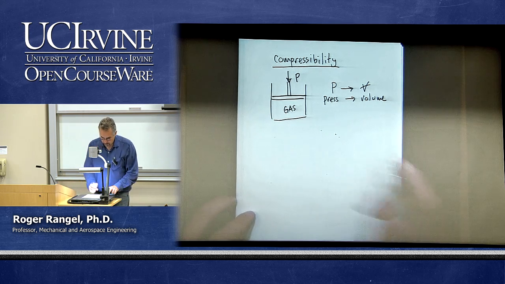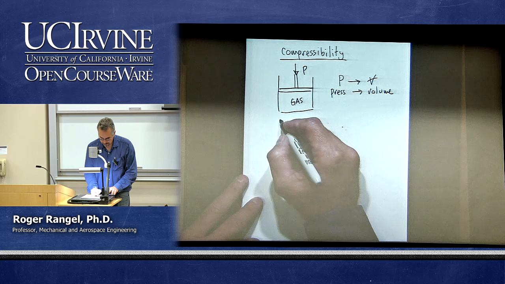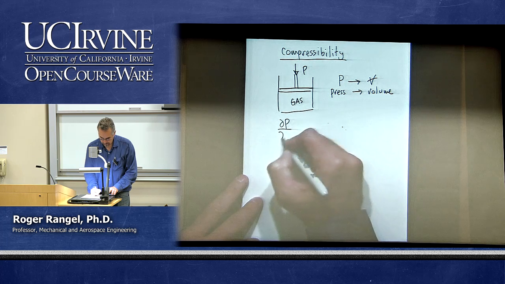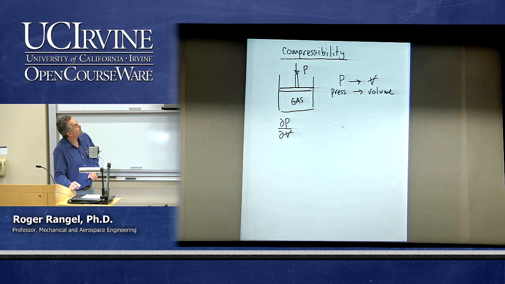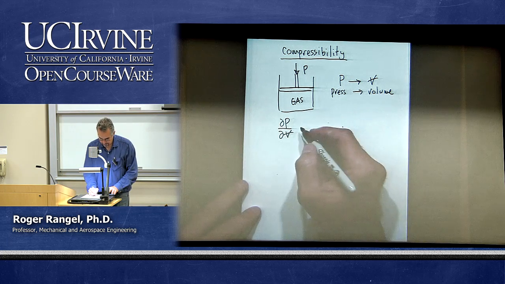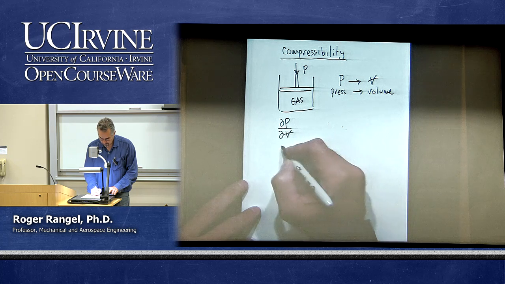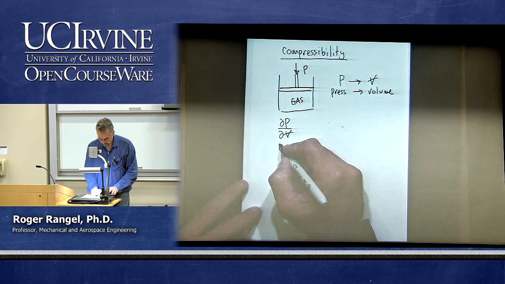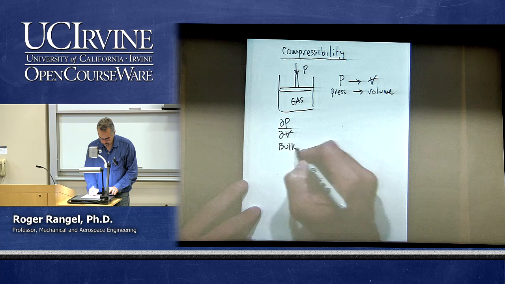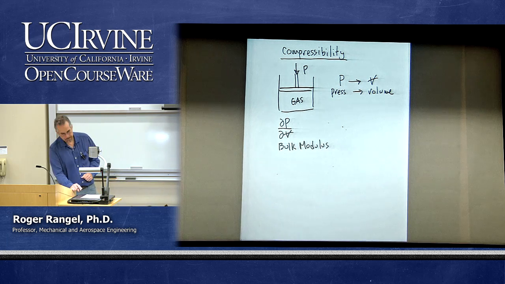You want to know that connection between pressure and volume. Then you might want to measure how the pressure changes with the volume. So what is the variation of pressure with volume? And then there is a property that is defined using this quantity, and that property is called the bulk modulus.